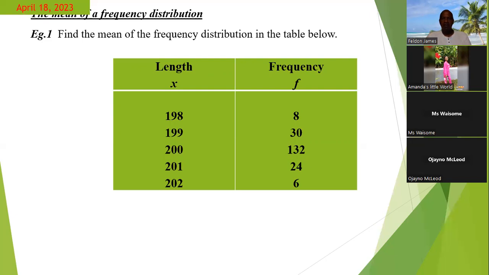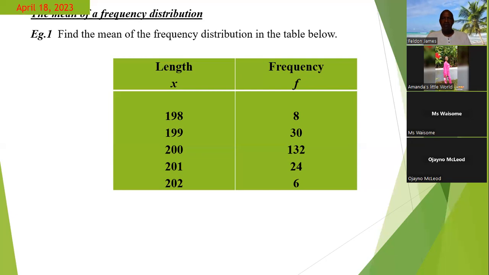But when you have a frequency distribution table, generally it will consist of quite a number of values. Now, the frequency would tell you how many times a value occurs, right?